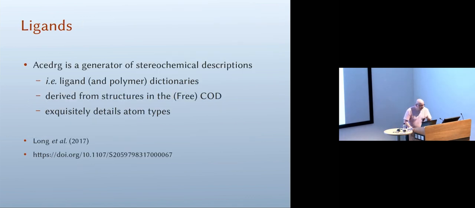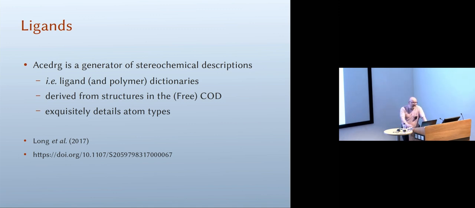Okay, ligands. Moving on to ligands. We've built the protein, we've fitted it, now we're handling the details of the small molecules. So ACEDRG is the generator of chemical restraints that we're using for our refinements. It does, obviously, as you can see there, ligands and polymers.